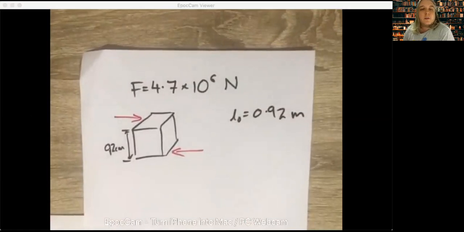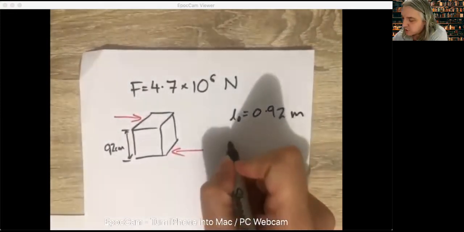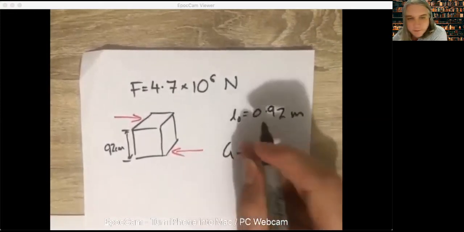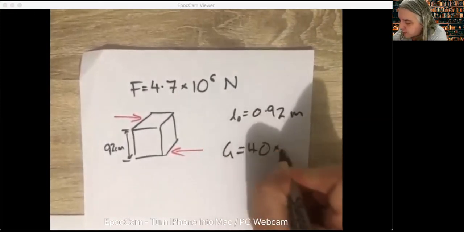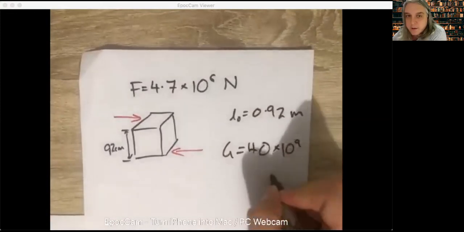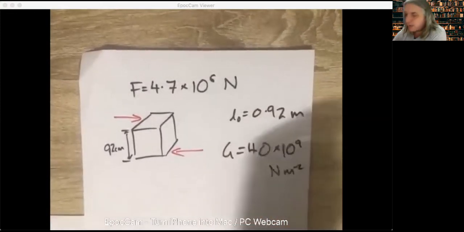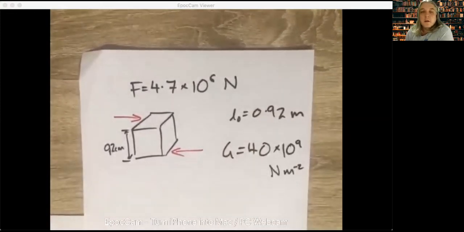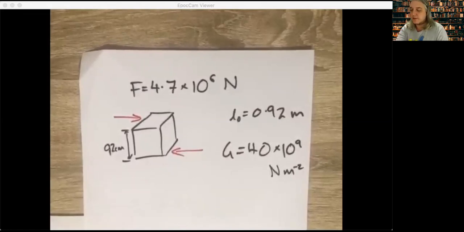And we've been told that it's cast iron. So you'd have to look back at your table of data and you would see that cast iron has a shear modulus G of 40 times 10 to the 9 newtons per square meter. If we've got all of that information there, there's one other thing we need to know, but that is just calculated based off this, and that is the area.